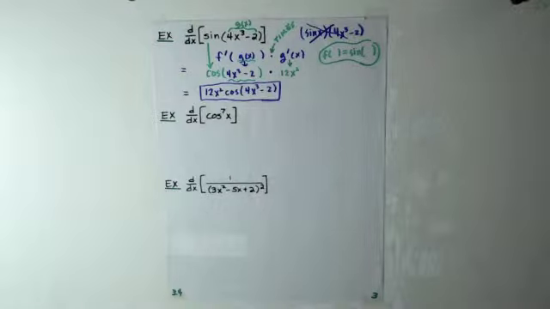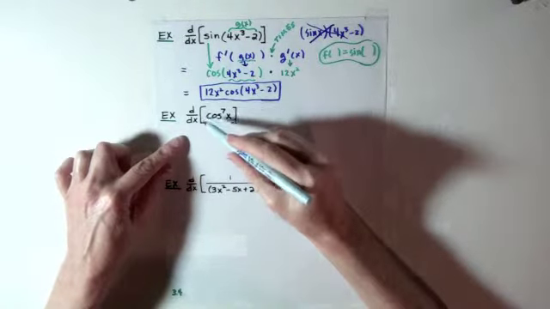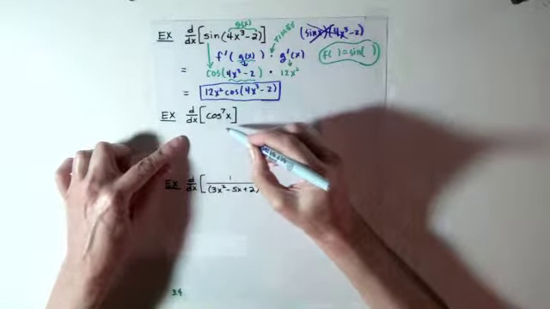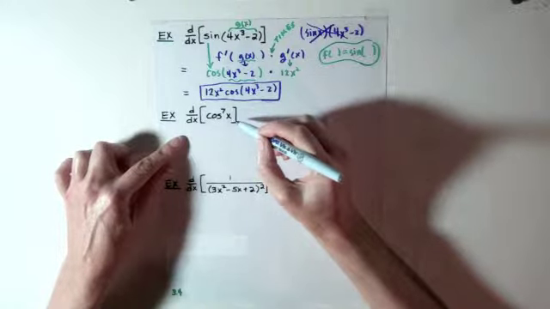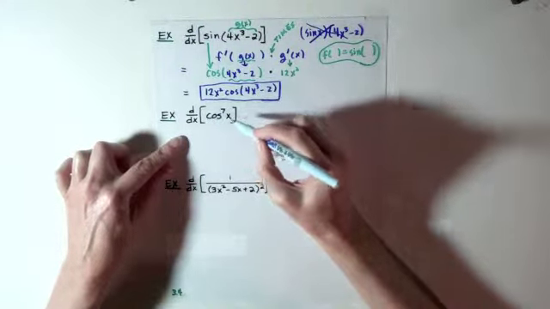Okay, well, let's go ahead and look at the second example on our page here. I'm asked to find the derivative of cosine 7x. And before we find the derivative, let's go ahead and rewrite this. This expression uses that shorthand notation that is exclusively used for trig functions, where the exponent is written between the cos and the x.